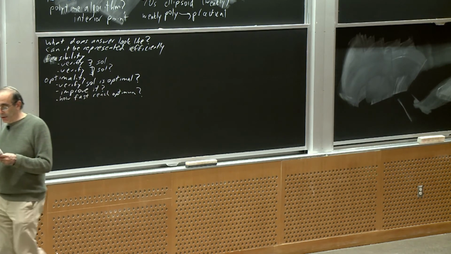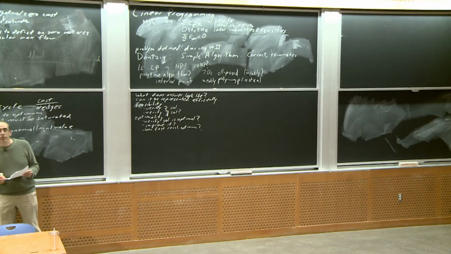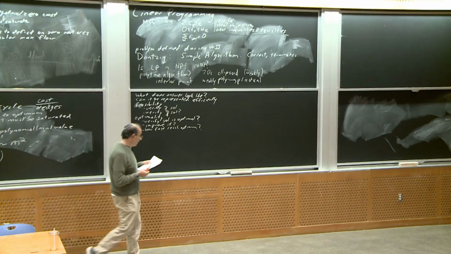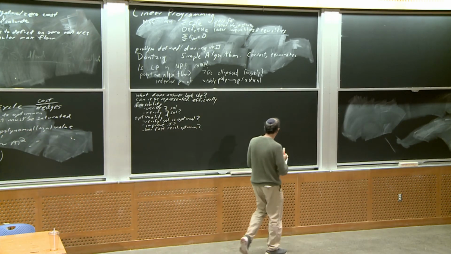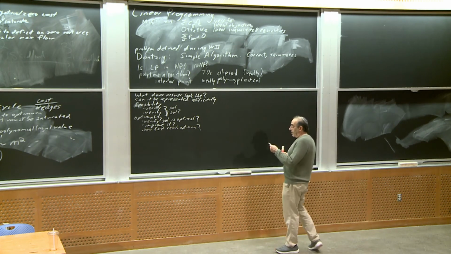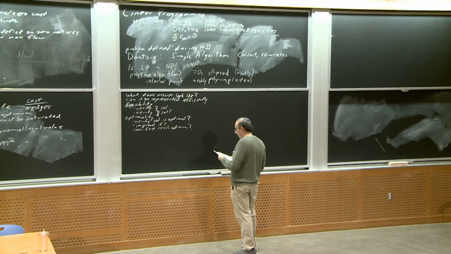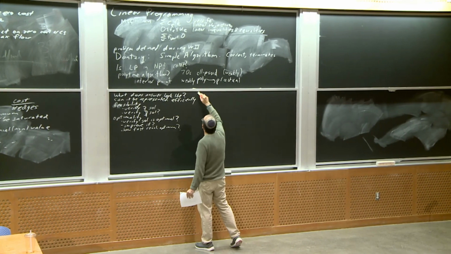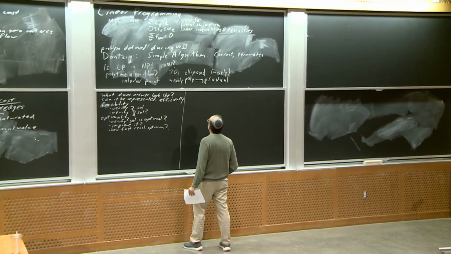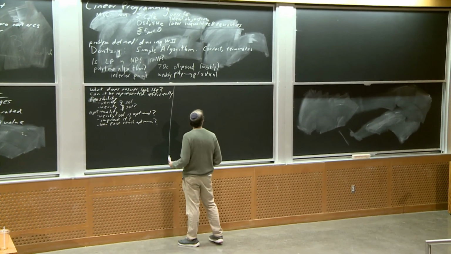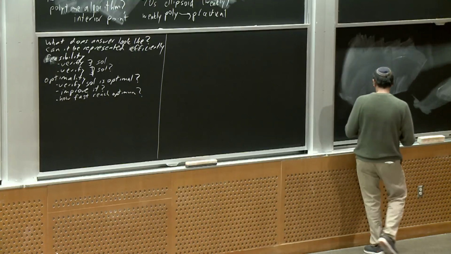Okay. So these are all similar to the questions that we asked about min-cost flow, but we're now working in a much more general setting. Okay. So let me give the sort of formulation of linear programs. Now let's just use the new board.